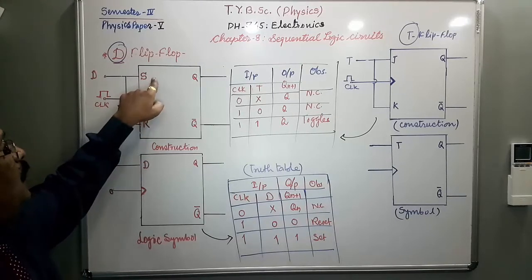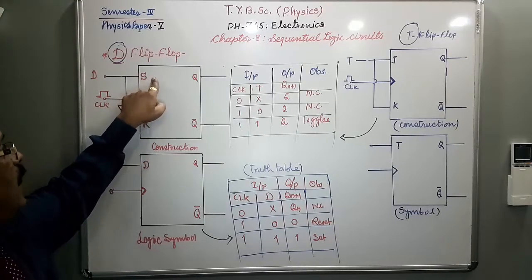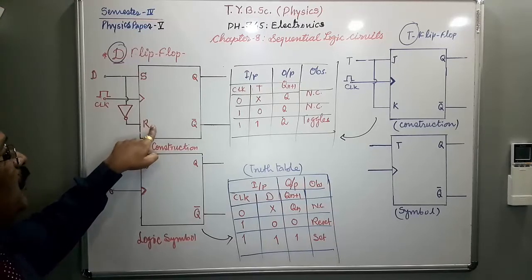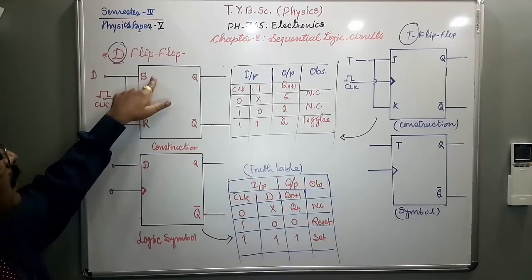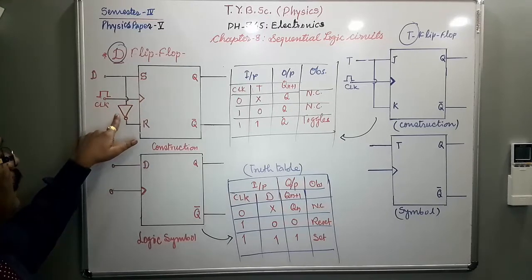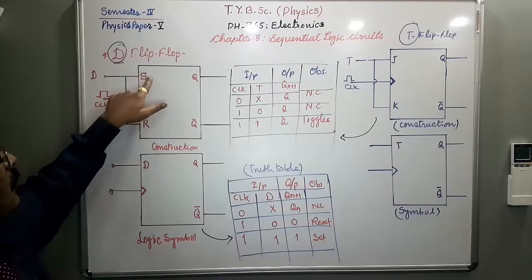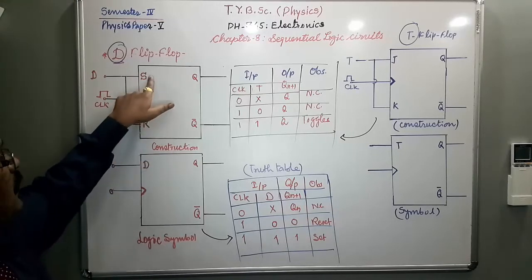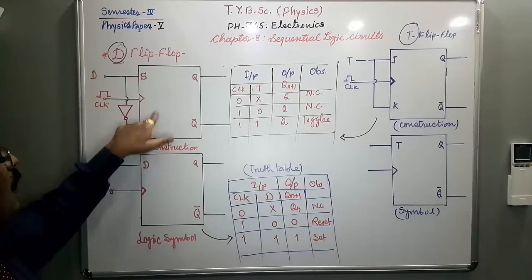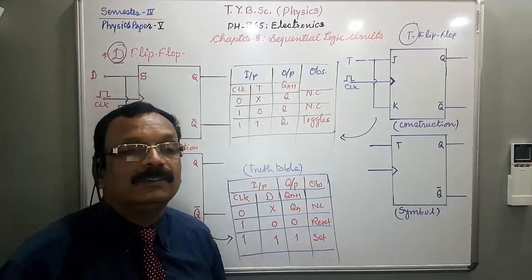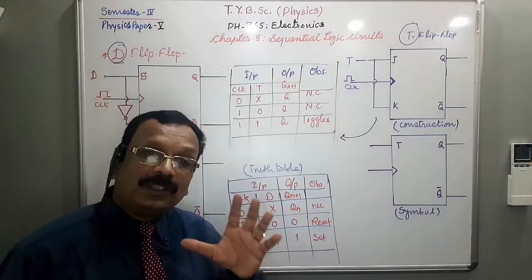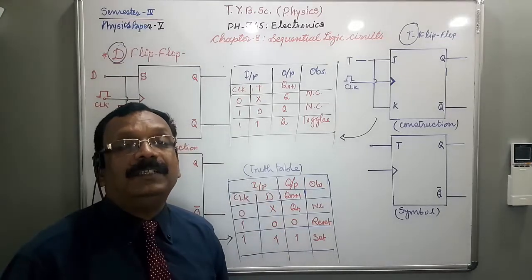And when S is equal to 0, this inverter gate inverts 0 into 1, so R is equal to 1. So try to understand this basic theme.